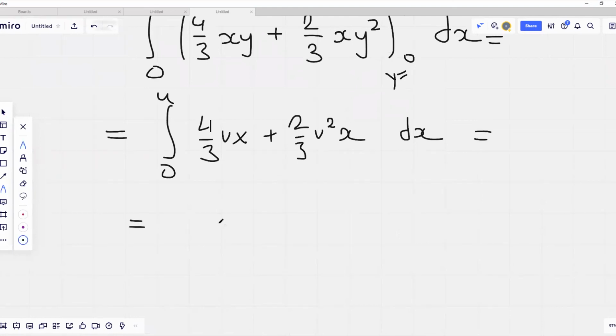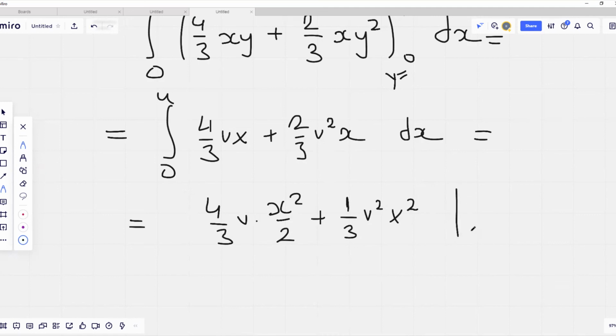All right, so we have 4 over 3 vx squared over 2 plus 2 over 3 v squared multiplied by x squared over 2. So that will be 1 over 3 v squared x squared. Boundaries are from 0 to u.